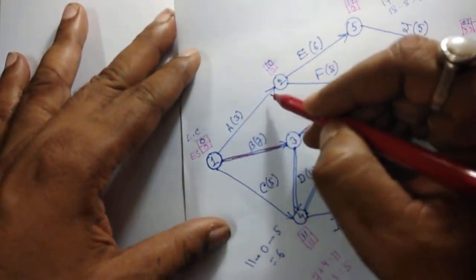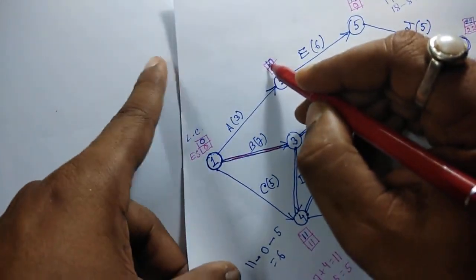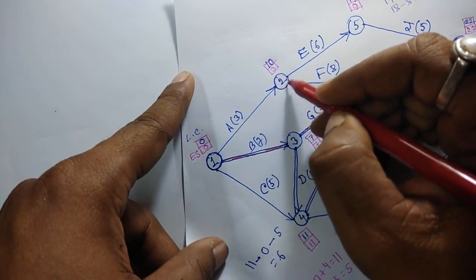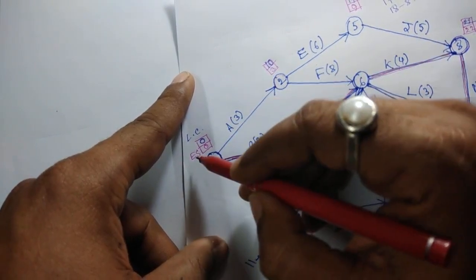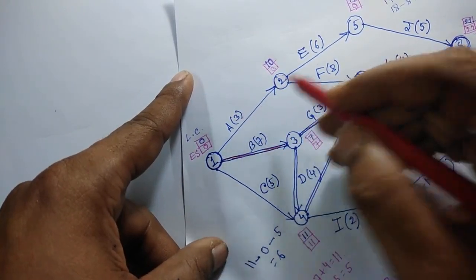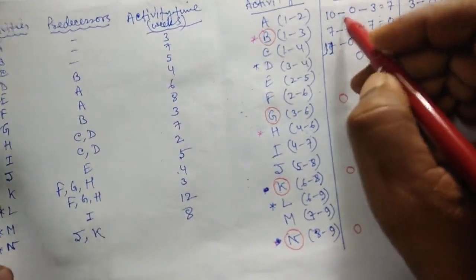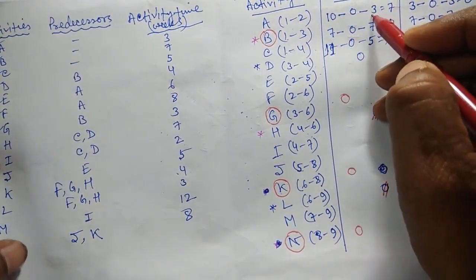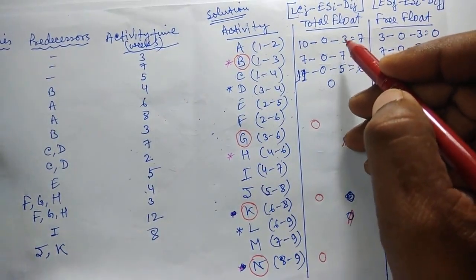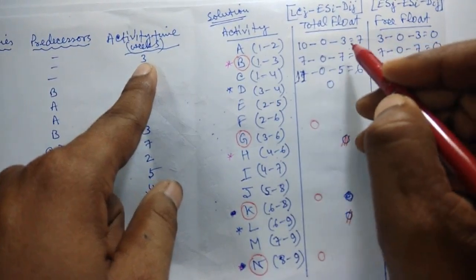See here, for activity A, this is the ending node, and LCJ is 10, the latest completion time for node number 2, and the earliest start time for node number 1 is 0, minus 3. 3 is the duration time, that is the activity time. So 10 minus 0 minus 3 equals 7.